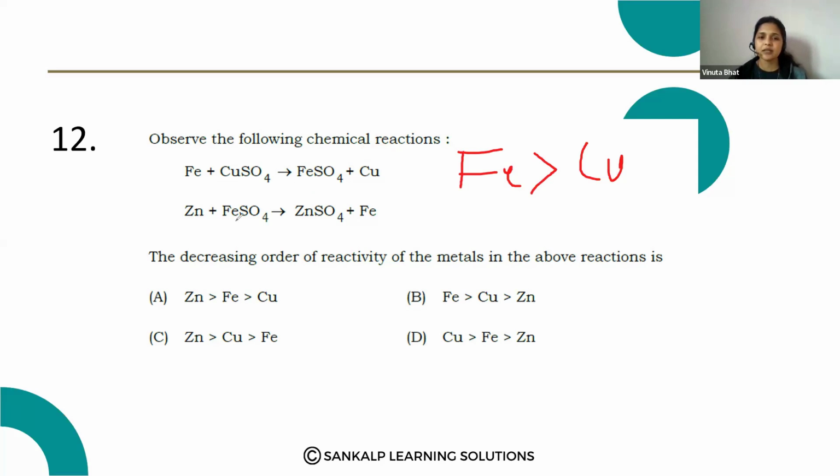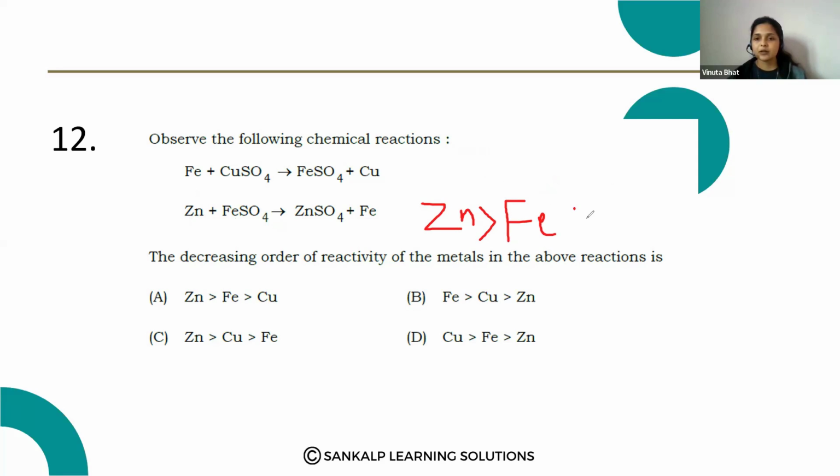When zinc reacts with iron sulfate, zinc sulfate is formed and iron is displaced. This means zinc is more reactive than iron, and copper has less reactivity than iron.